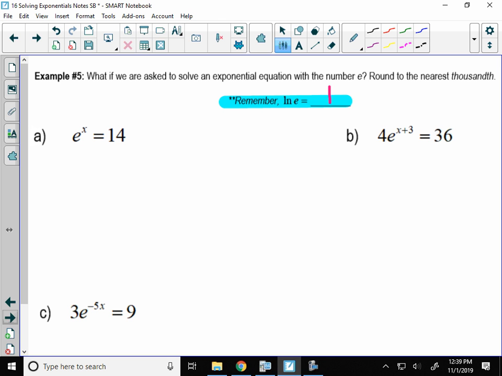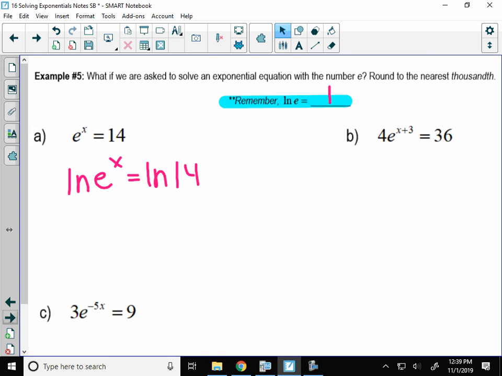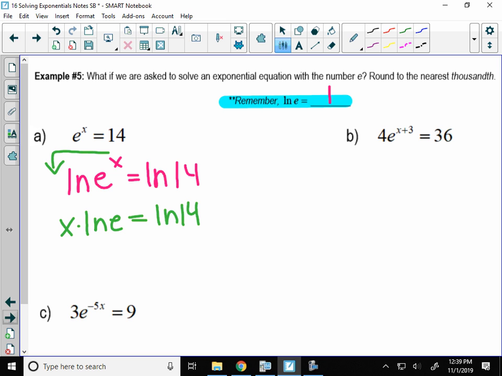So what you do, the same logarithm law applies. So I'm going to take the natural log of both sides. Now the same rule applies, so I'll skip this step the next time. But that x comes in front, so you'll have x times the natural log of e. It's the natural log of 14. Now, what did we just say the natural log of e equals? 1.